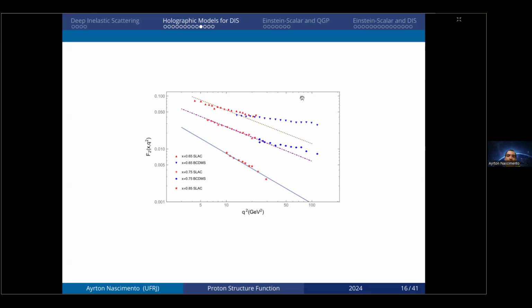The values he worked with were 0.65, 0.75, and 0.85. So here is how the model works for different values of x in terms of q squared. You see that the model works best for 0.85, a high value of the x parameter, okay? But this was done just by fitting the model to the experimental data.